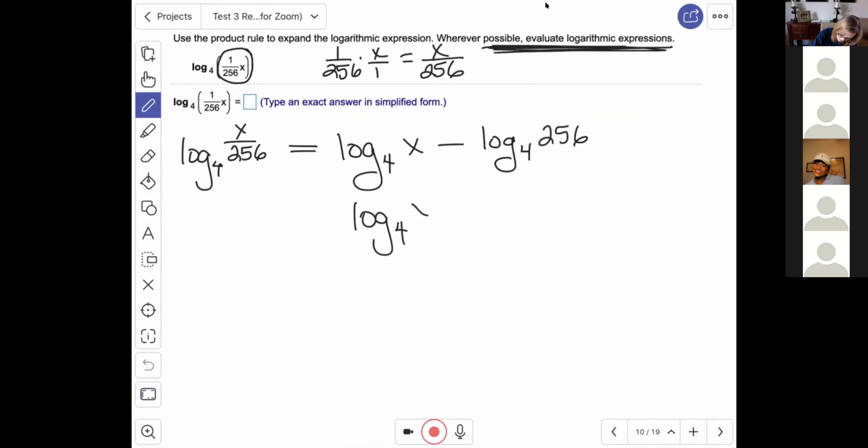We obviously can't do anything with that. But this is that shortcut method again. 256 is 16 times 16. So you can rewrite that in terms of 4. That's 4 to the 4th. And so that shortcut method, since we have base 4s, that equals 4.